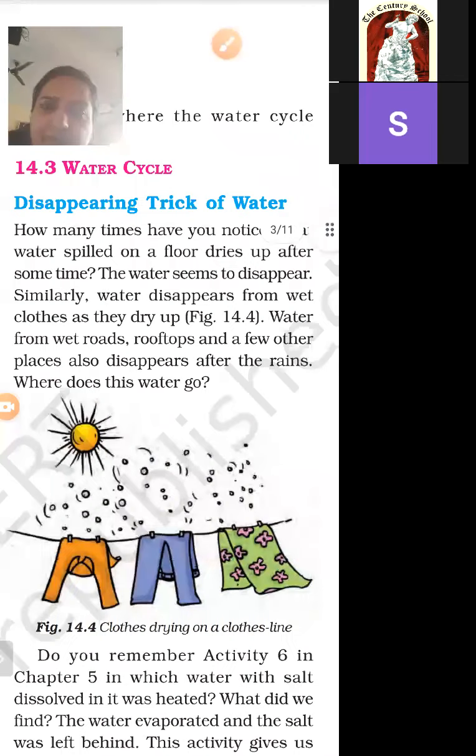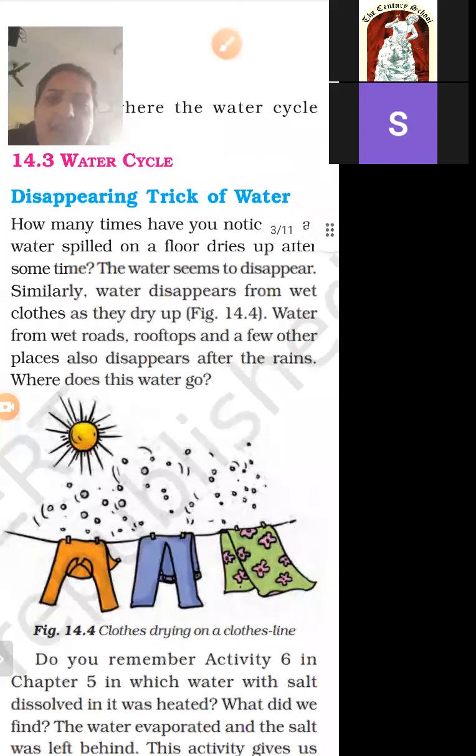How many times have you noticed that water spilled on a floor dries up after some time? कई बार तुमने नोटिस किया है, जो फ्लोर पे जो भी पानी पड़ा होता है वो बहुत जल्दी सूख जाता है. The water seems to disappear.